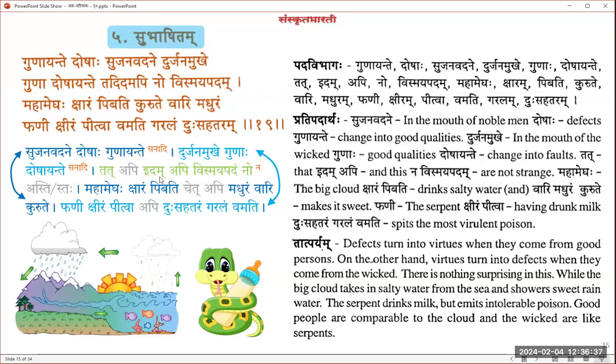Tadapi, tat api, idam api. Tad idam api. Okay? This is correct. I have explained very well here. Tadapi idam api. That and this. See, doshaha sujanavadane gunayante iti tat. Durjanamukhe gunaha doshayante iti idam. Okay? Tat api idam api.